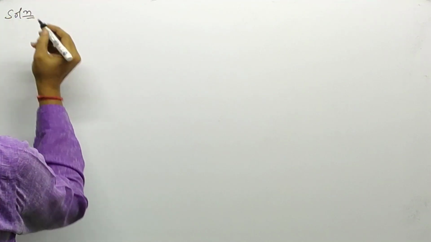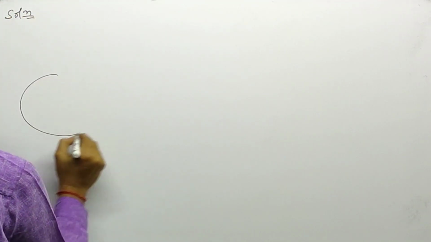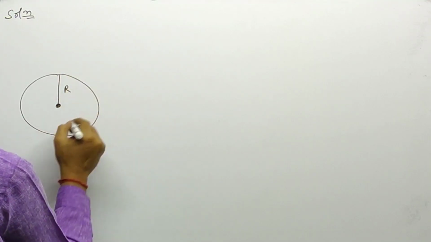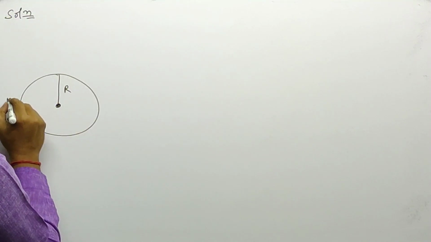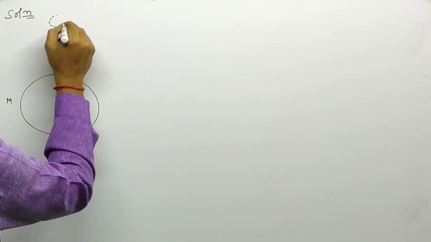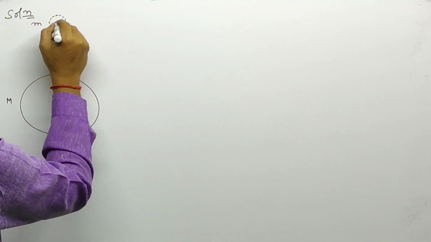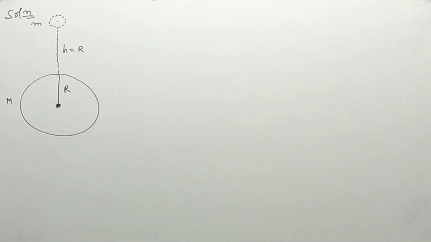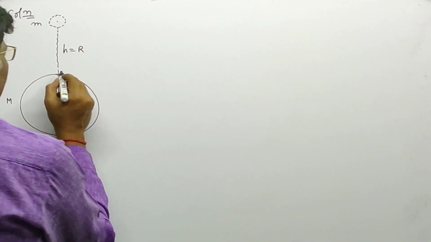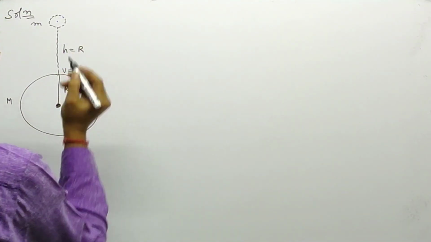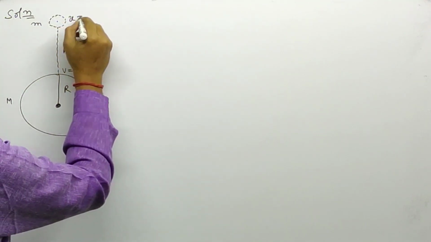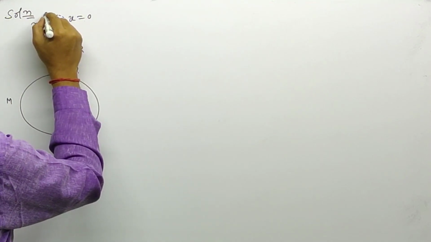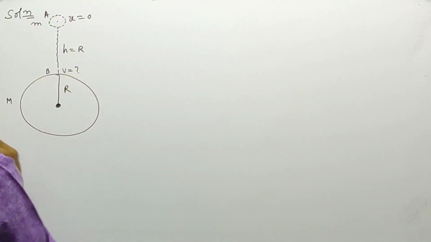Solution: when a body is dropped from a certain height, it is assumed as an earth of radius capital R and mass capital M, and now a body of mass small m is dropped from a height h is equal to R. Then its velocity just before touching the ground. So for a freely falling body, initial velocity is 0. Let us take here A, and this point is assumed as B.